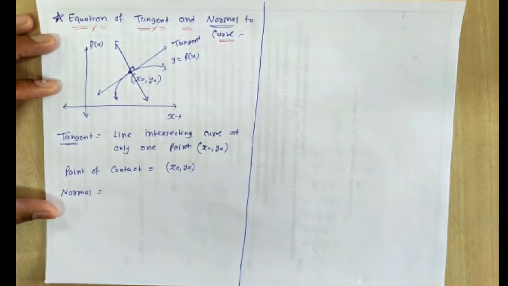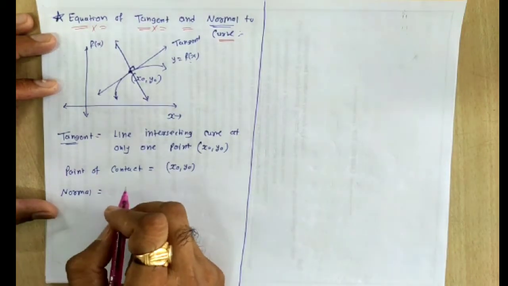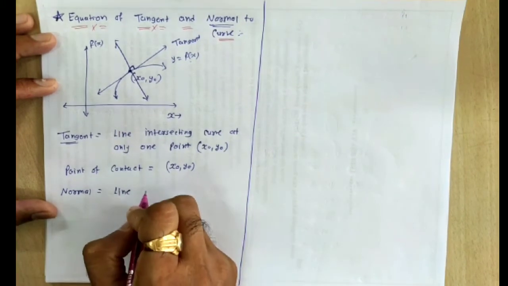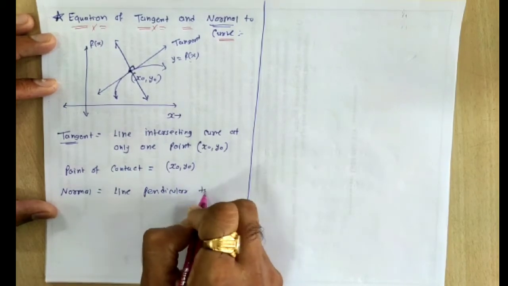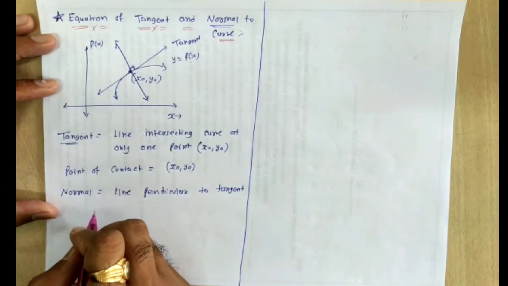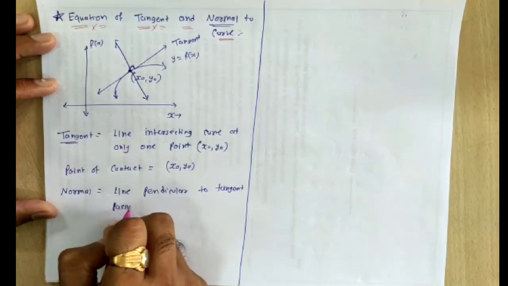So what is normal? Normal is the line which is perpendicular to tangent and intersecting the curve at 90 degree. Done? So definition of normal is a line which is perpendicular to tangent, passing through the point of contact. Where is it passing from?